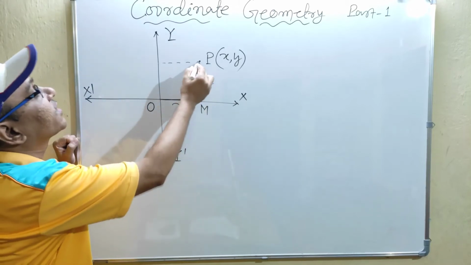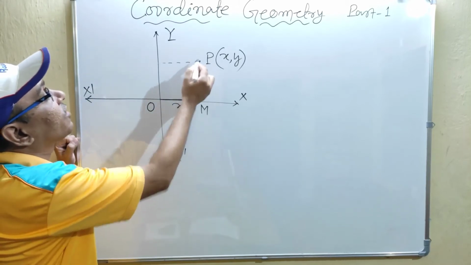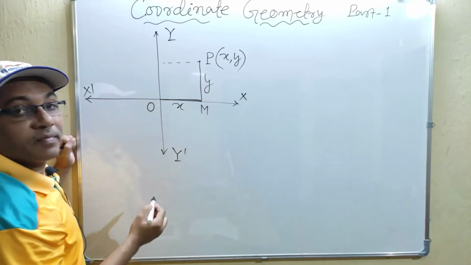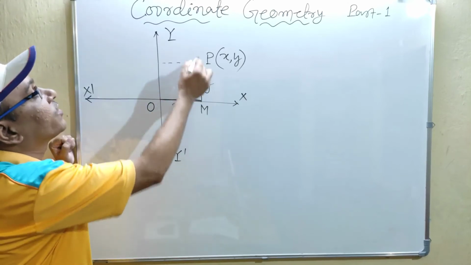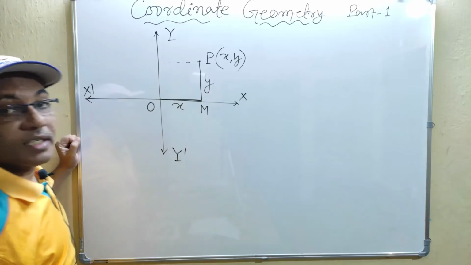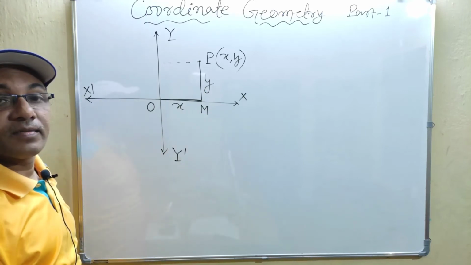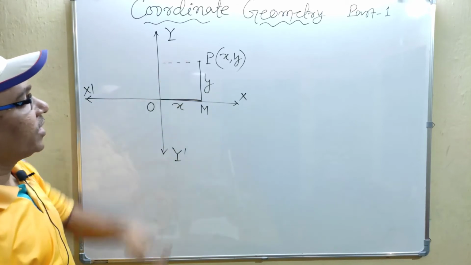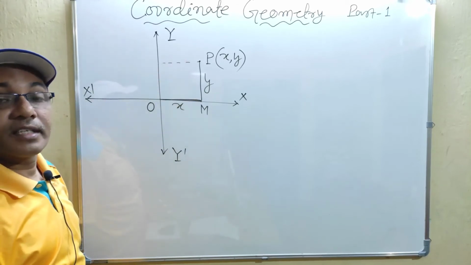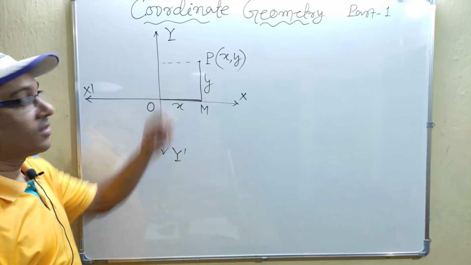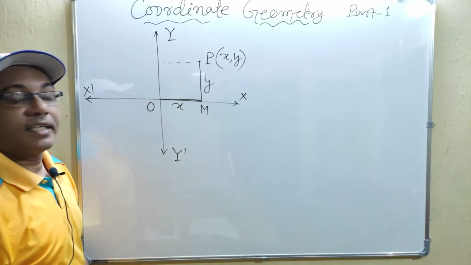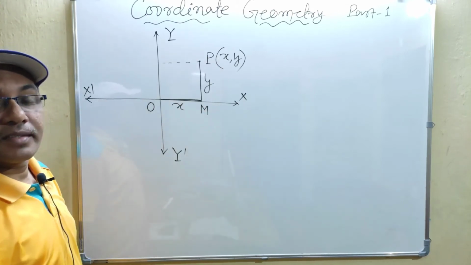And distance of this point towards y-axis, or you can say from y-axis, y-axis से कितना distance पर, is called its y coordinate, and y coordinate is also called ordinate. X coordinate is called abscissa and y coordinate is called ordinate, ordinate of the point. And this abscissa and ordinate together indicate position of the point.